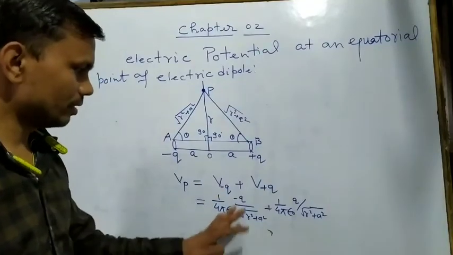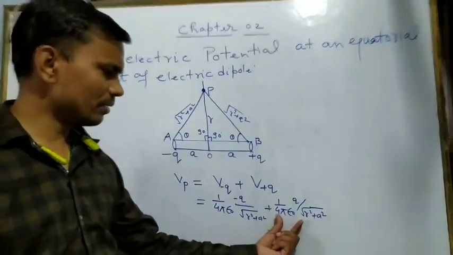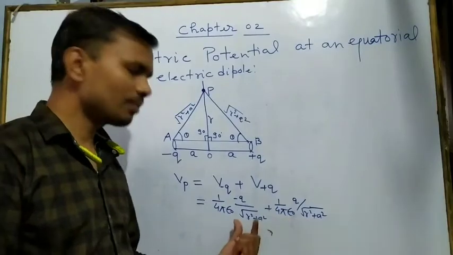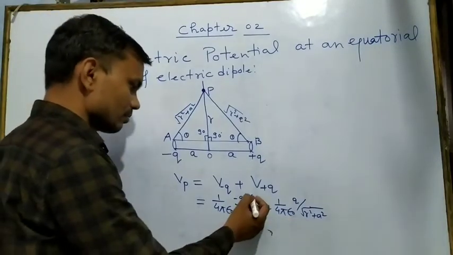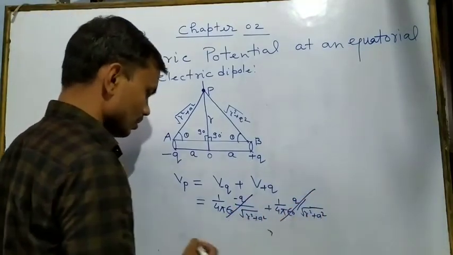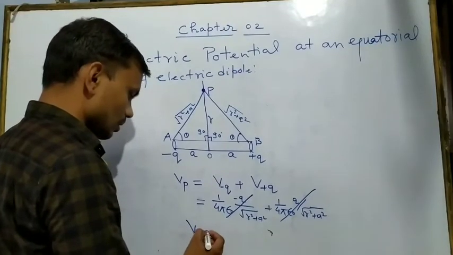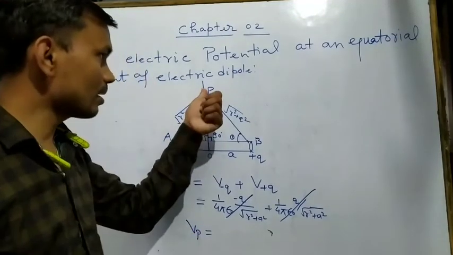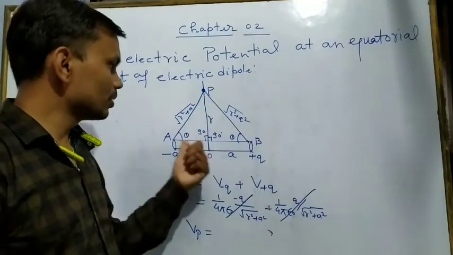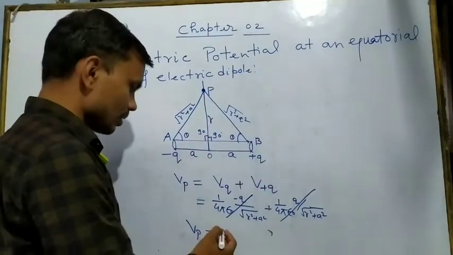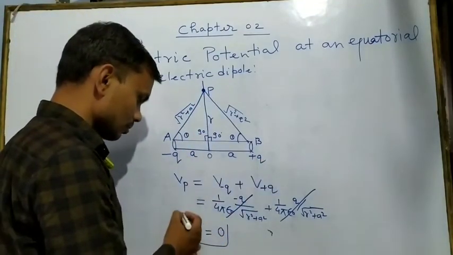In this way we have done this. So here you see both are similar but opposite in nature, therefore they cancel each other out. So the electric potential at an equatorial point due to this electric dipole is 0, right?